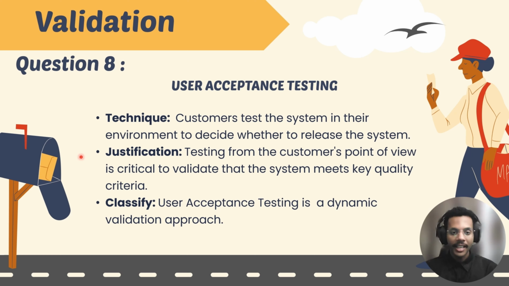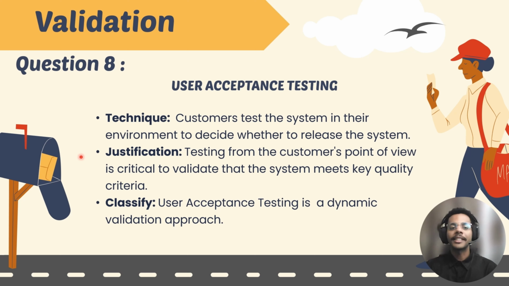As a justification, testing from the customers' perspective allows JNT Express to validate if the website meets key quality criteria, helping find bugs and issues early rather than discovering problems after release, saving money and time. As JNT Express operates globally with high traffic, testing across devices and locations is important to validate that the website works well under different conditions.